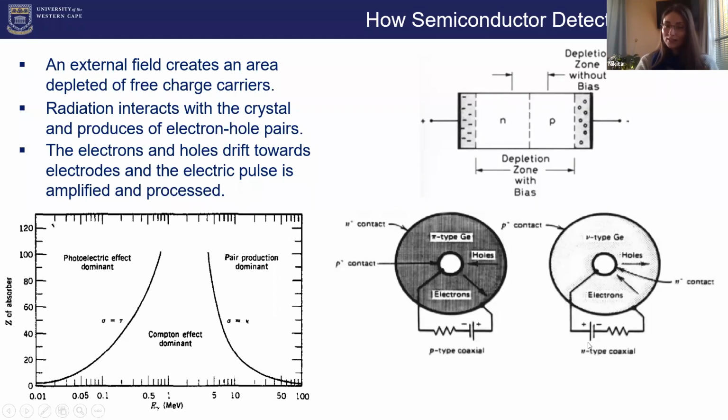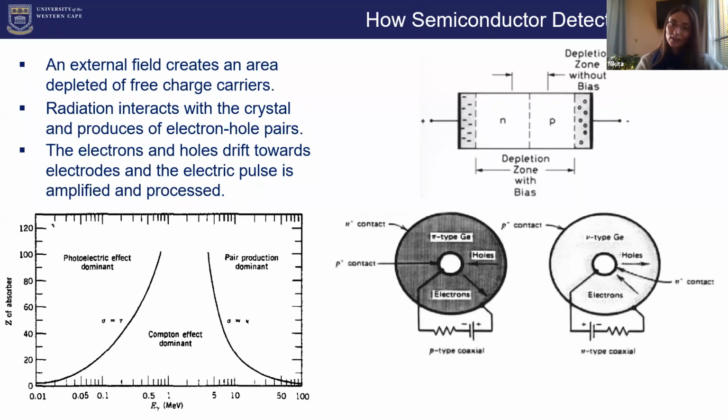So let me take, for example, the N-type coaxial, which most detectors these days are, which means we apply the positive in the center, in the hole that we drilled there, and that becomes the N contact.